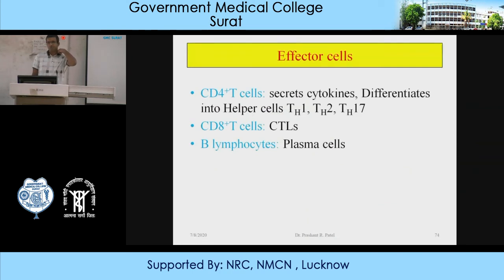After activation, cells undergo proliferation and effector cells are produced. Whenever there is engagement of CD4 plus T cells, the effector cells produced are type 1, type 2 and type 17 helper cells. They secrete various cytokines. When CD8 plus T cells are activated, they are converted into cytotoxic T lymphocytes, and B cells are converted into plasma cells after activation.